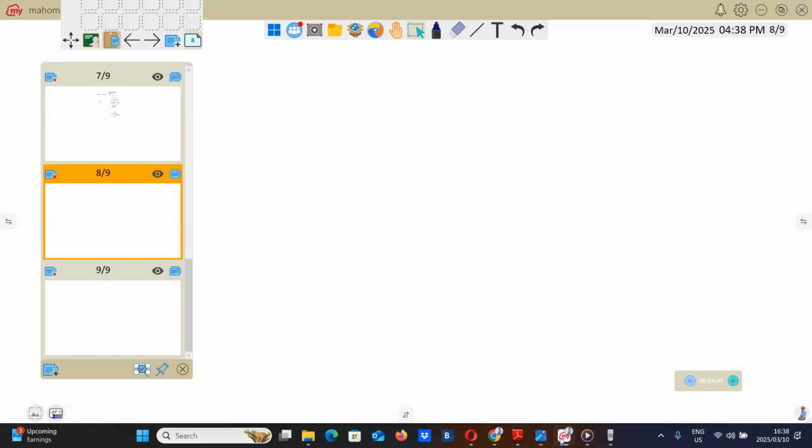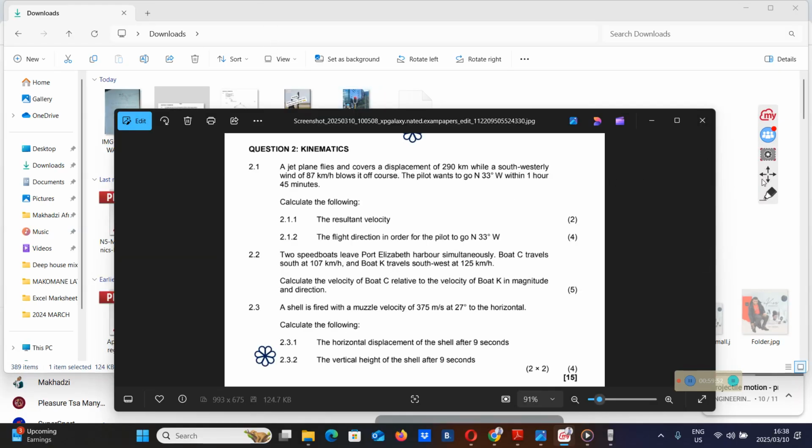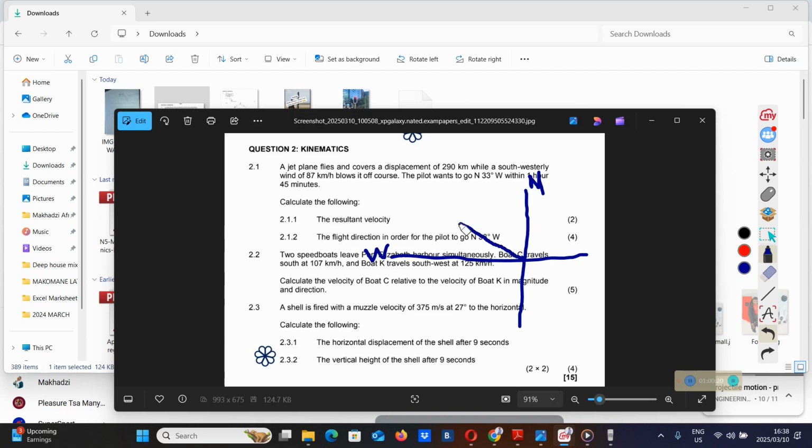So if you check from this, this pilot wants to take this direction, north 33 west. This is north, this is west. So this guy wants to go in that direction, at an angle of 33.